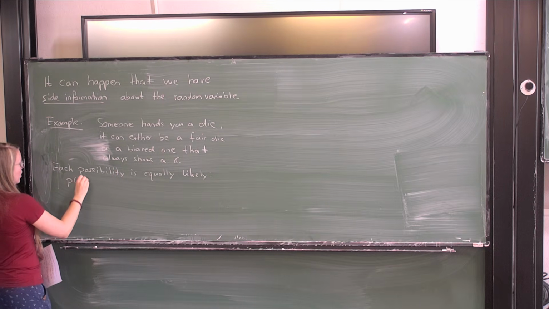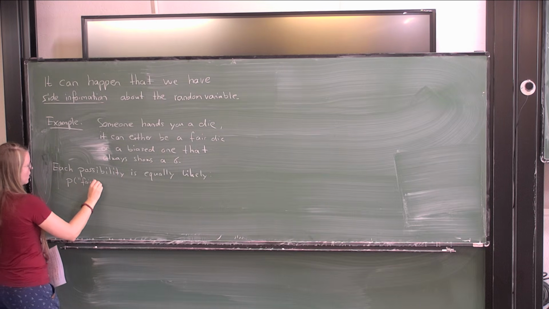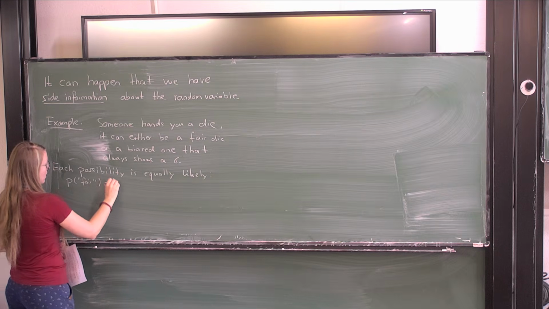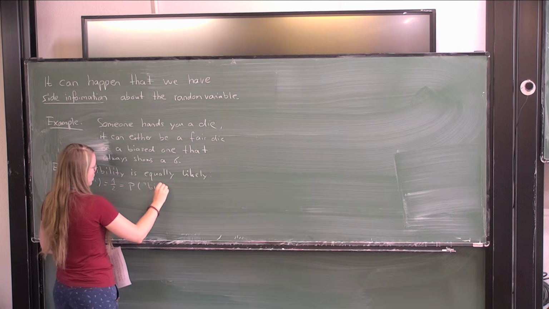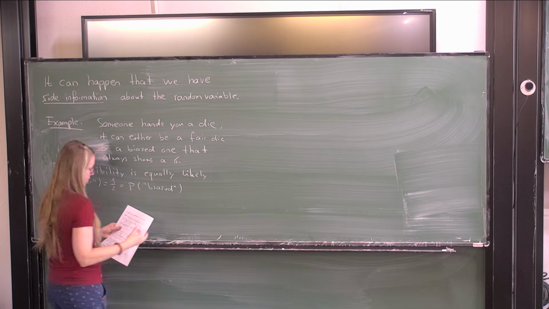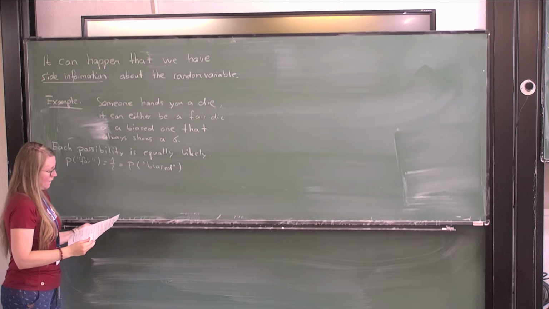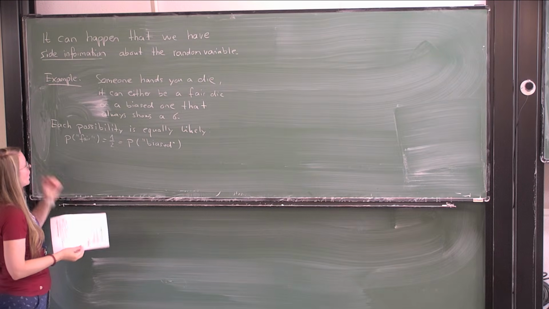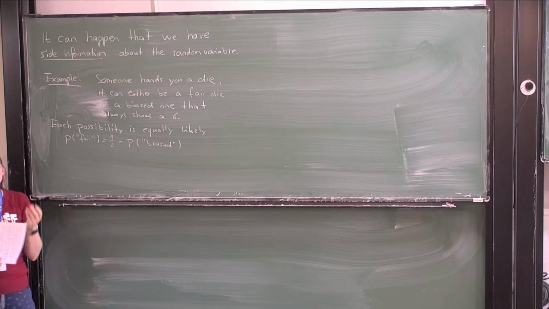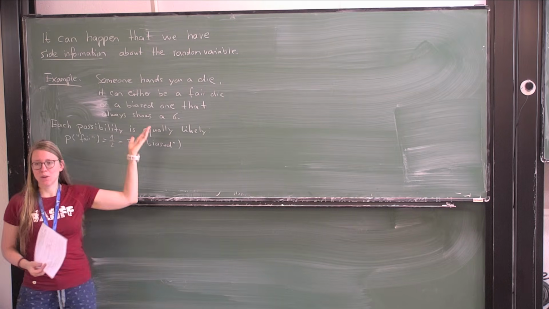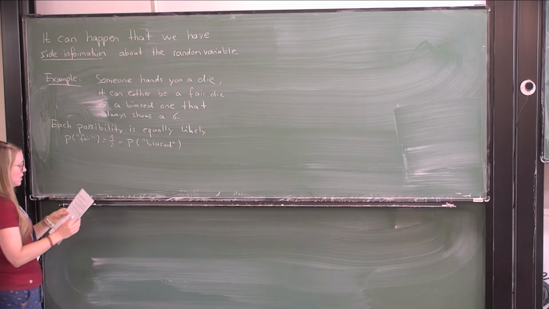Getting the fair die has probability 1/2, and so does getting the biased one. Okay, so clearly if you learn which die you get, it helps you to guess better what the outcome of throwing the die is, right?